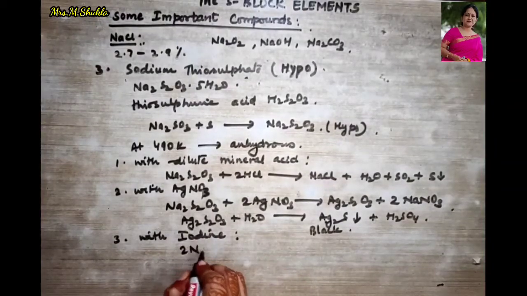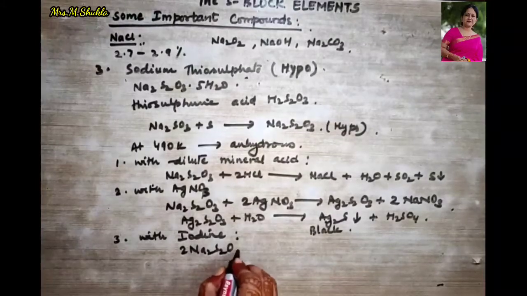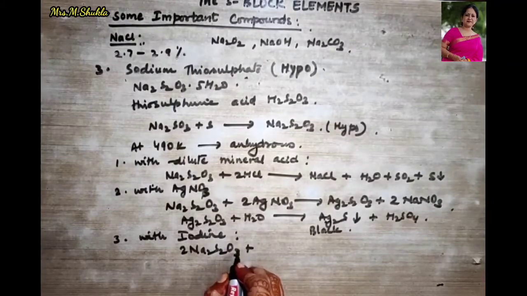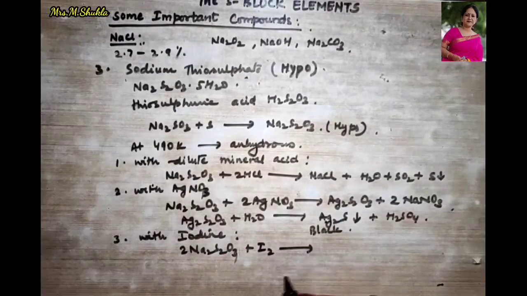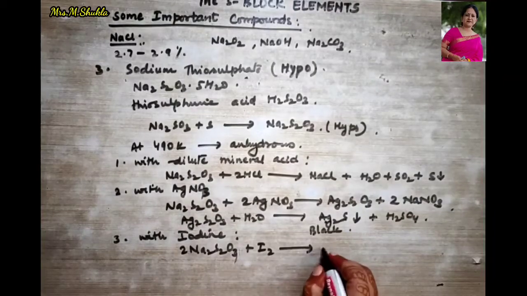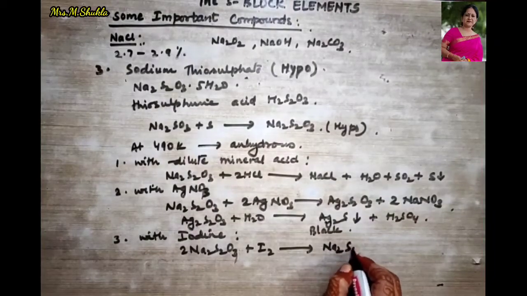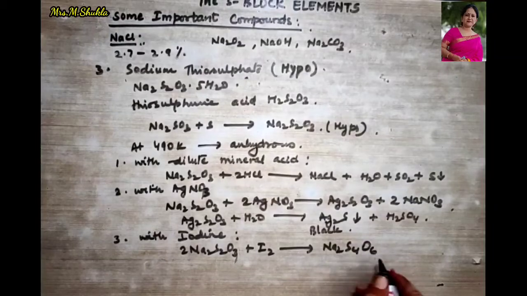So your sodium thiosulfate when treated with iodine is going to give us sodium tetrathionate, that is Na2S4O6. What is this called?